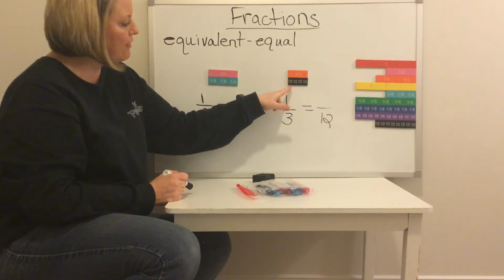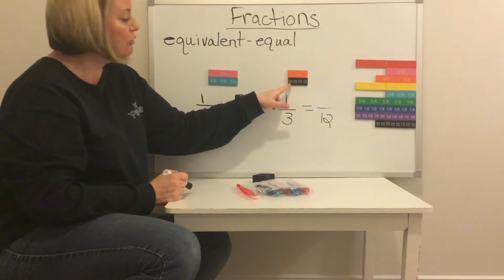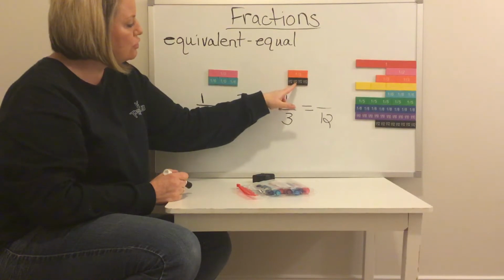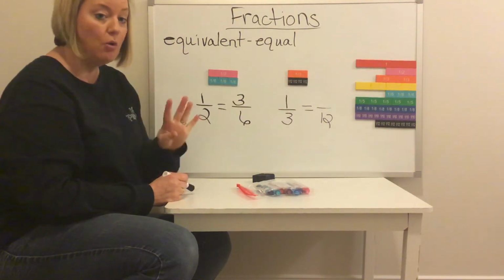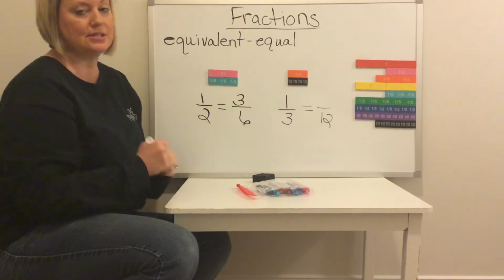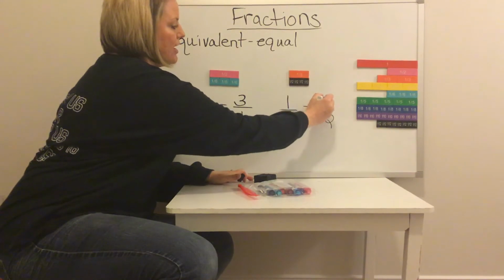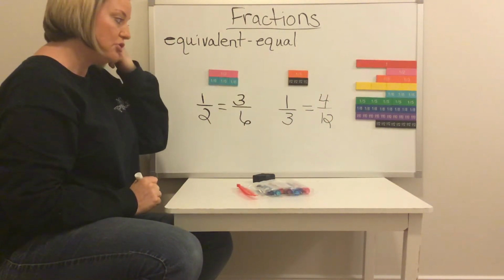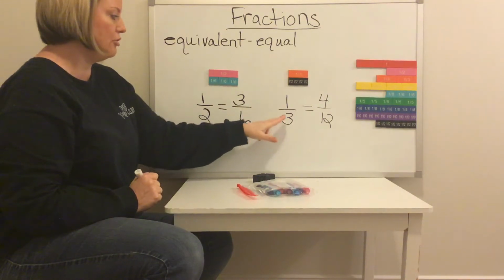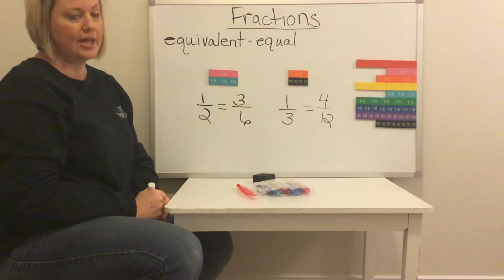So I go back to my fraction strips and I count how many 1/12 pieces. 1, 2, 3, 4. Okay, it took 4 1/12 pieces to equal the 1/3. So I'm going to put 4 as my numerator above the 12. So this shows that 1/3 is equivalent to 4/12. They are equal.